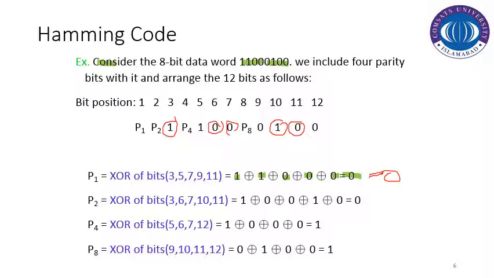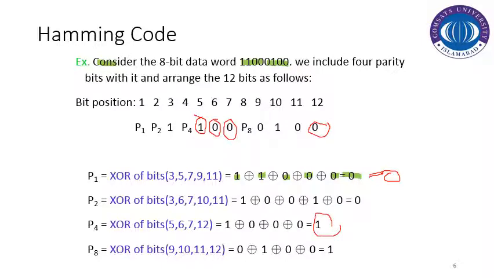Similar is the case for P4. We're going to pick up the bits at placement number 5, 6, 7 and 12, and their result is 1.